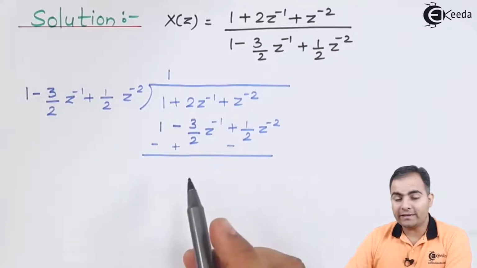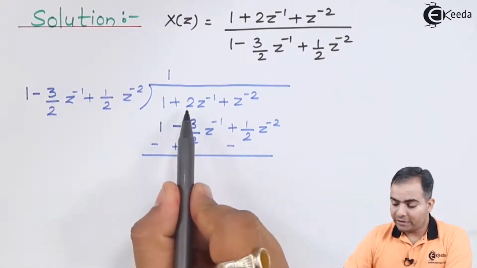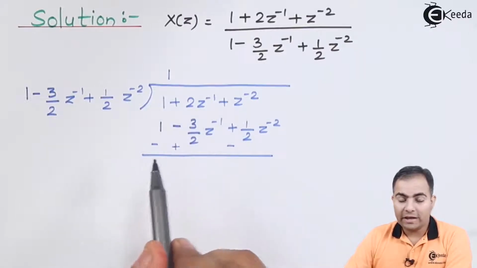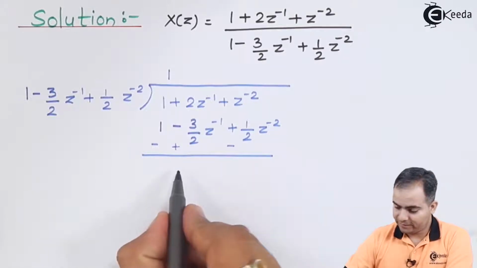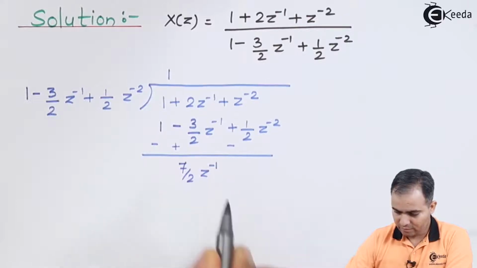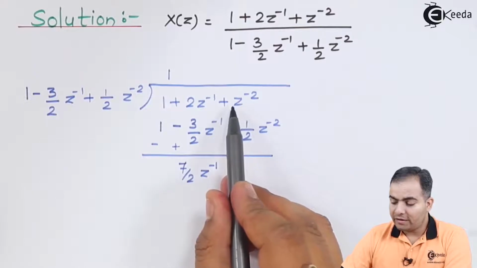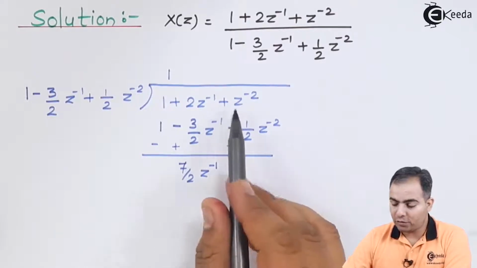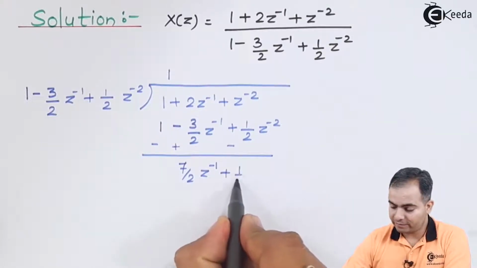If you want, you can write 3.5 also. Next, here the value is 1 and the sign is changed to minus, so 1 minus half, the answer is plus half.